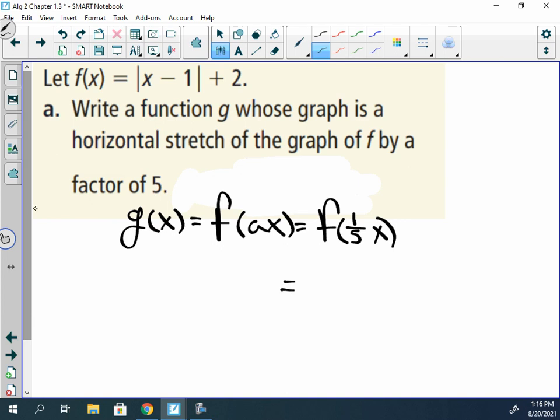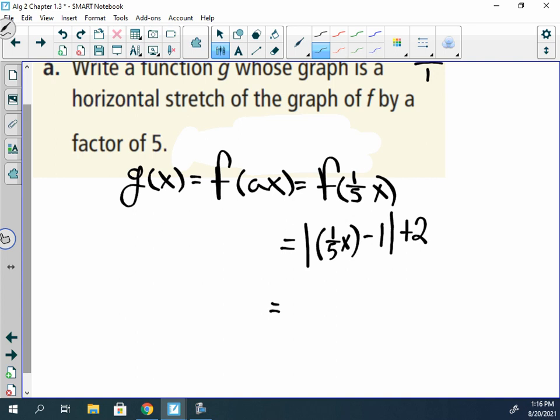How is that the flip? So really 5, it's not written that way, but it's understood to be 5/1. And then all we need to do is replace the x in our f of x. Yep, plug it in. And we get the absolute value of 1/5 x minus 1 plus 2.